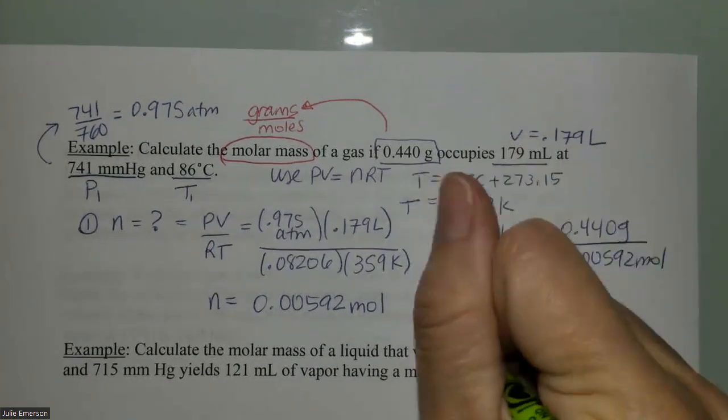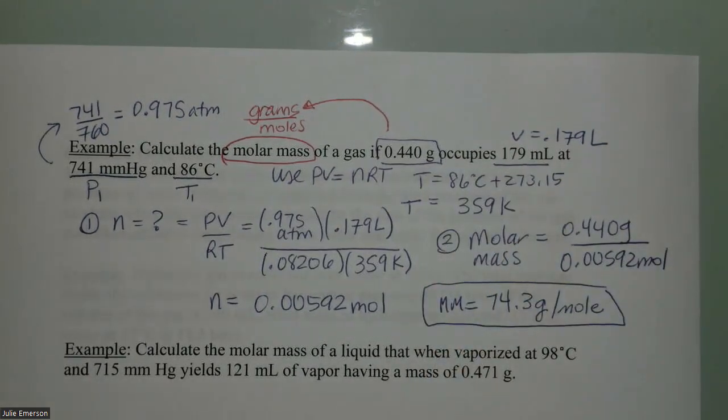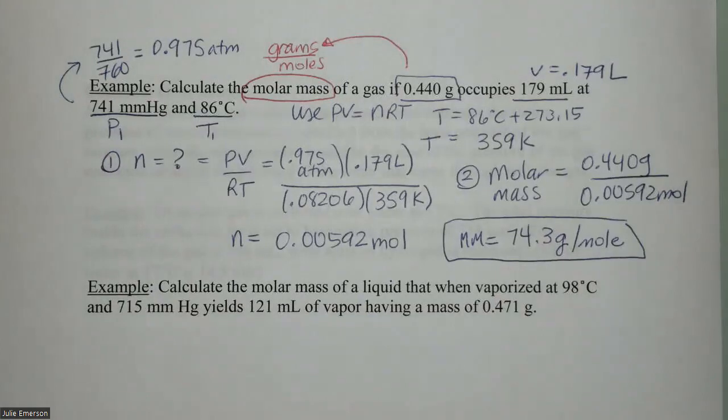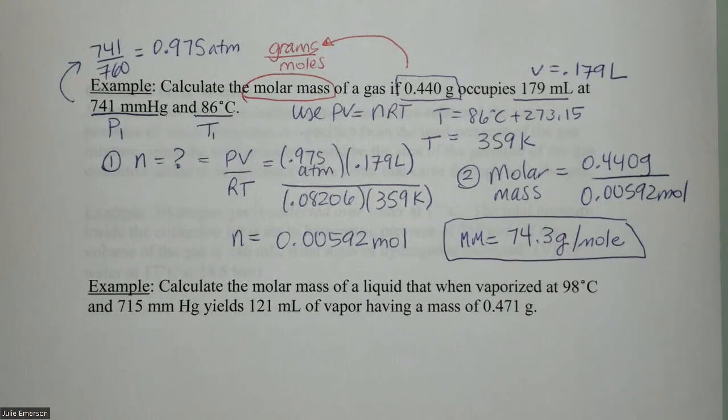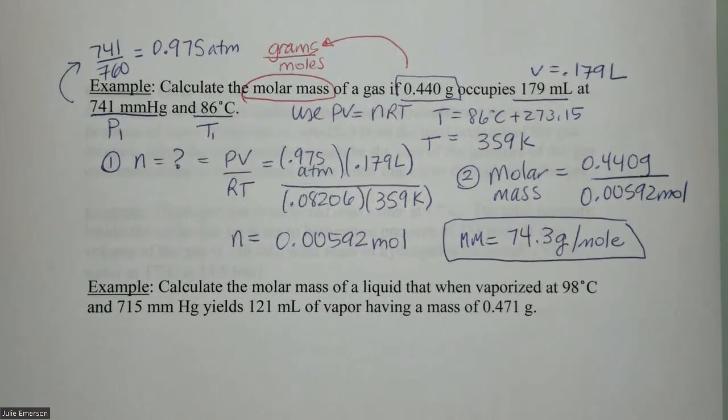So that would be whatever this unknown gas is, 74.3 grams. Now, more than likely, it's not an element, so it's not something I can go to the periodic table and figure out what it is. If it did say that it was like a diatomic, we might have more information to go on, but at this point, that's all we know. That's the molar mass of whatever this gas is.